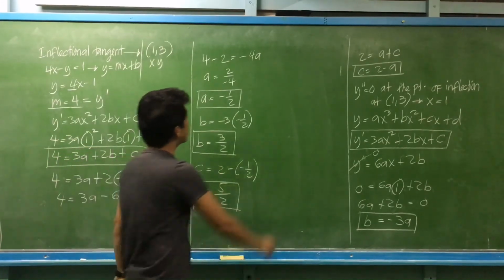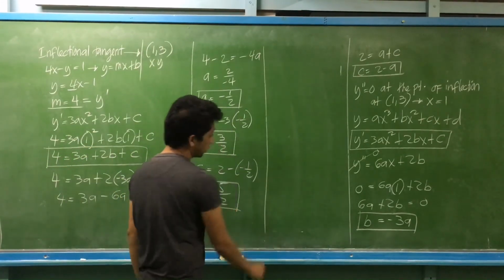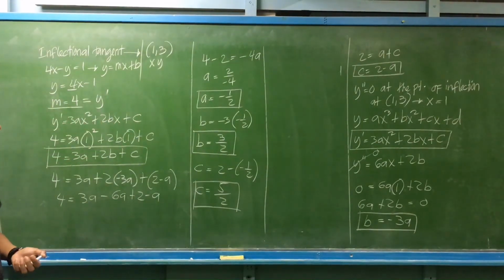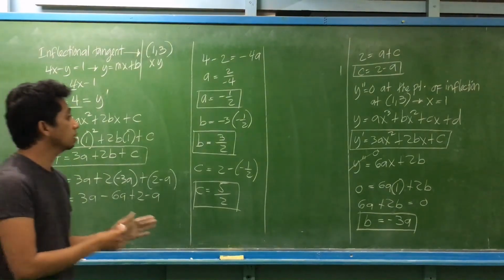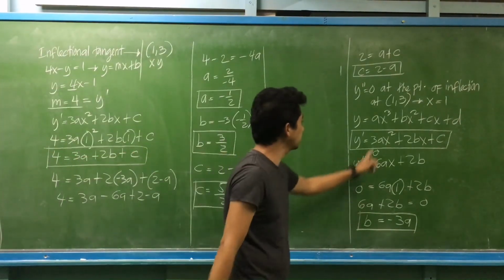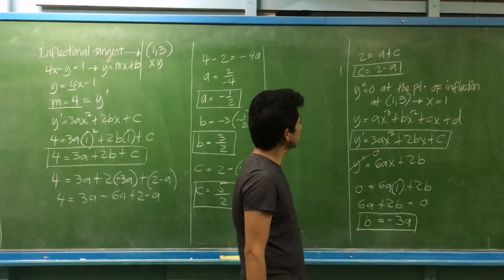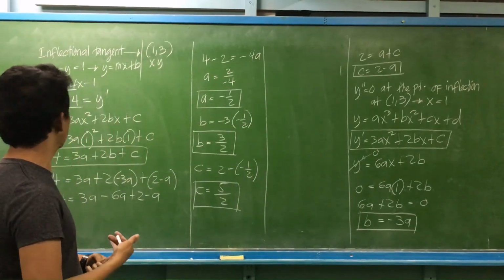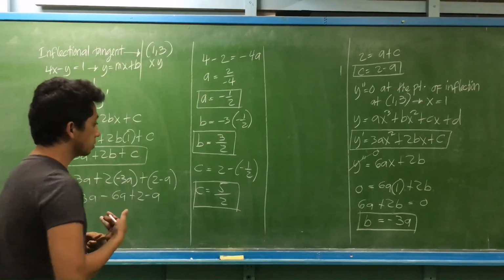Then lastly, what have we not yet obtained? The value of D. Where will we substitute for the value of D? I think we go back to the initial equation. Do we have any other equation?